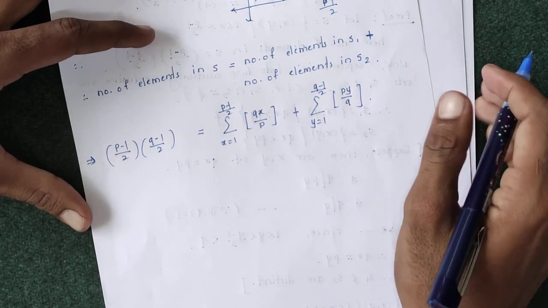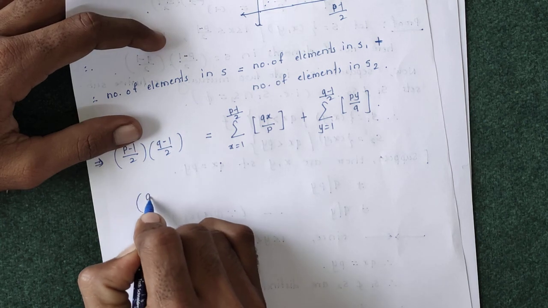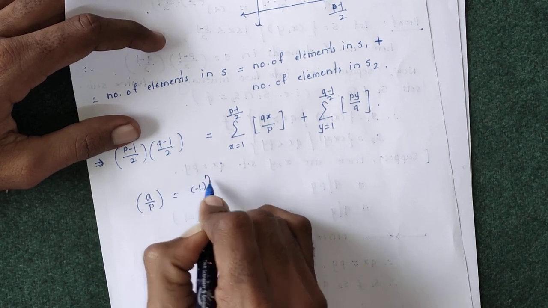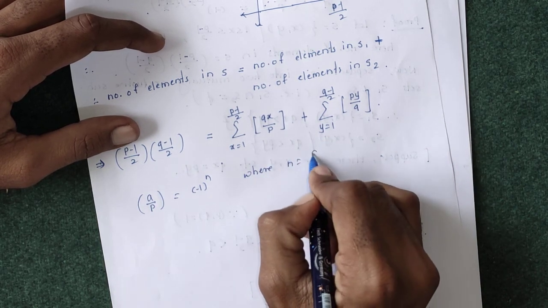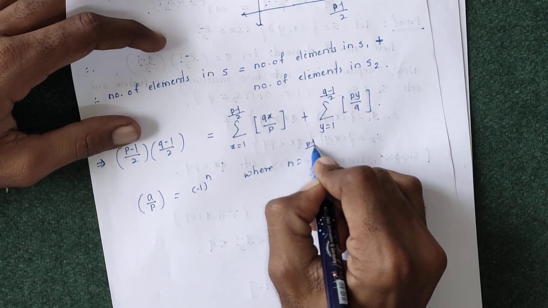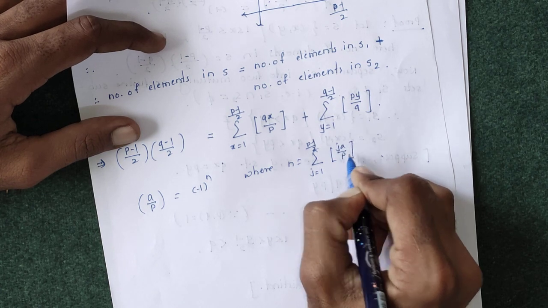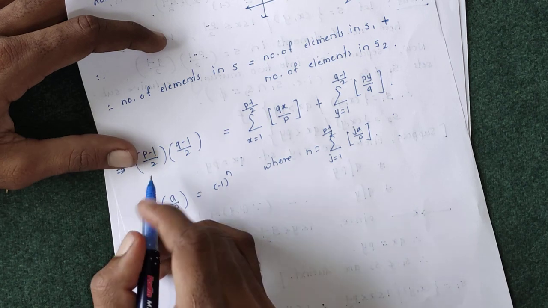Now, we know that the Legendre symbol of a and p equals (-1) raised to n, where n is the summation of j running from 1 to (p-1)/2 of the greatest integer function of ja/p. This is the theorem that we discussed in the previous lecture.